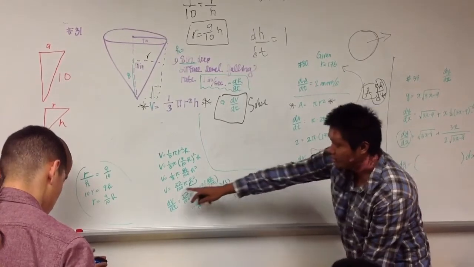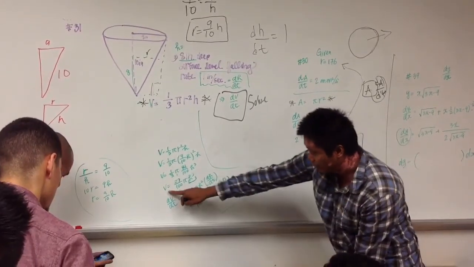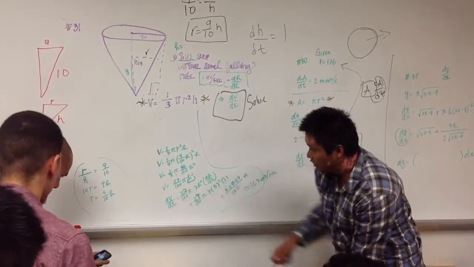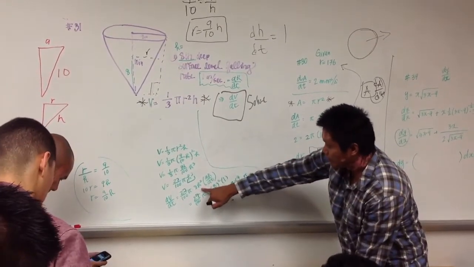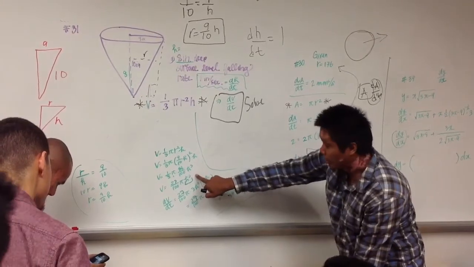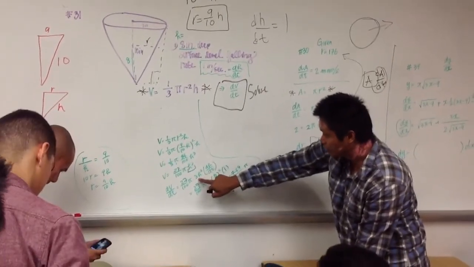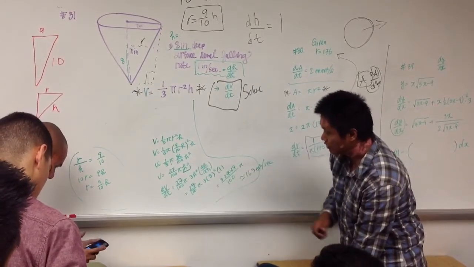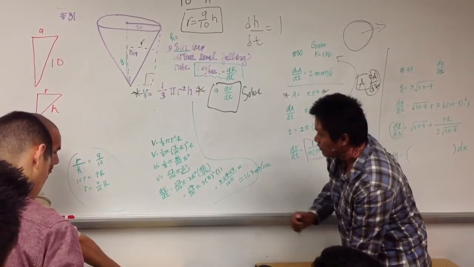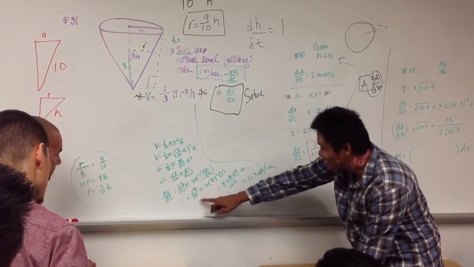And this is where we take the derivative of the whole function, so we can get V. Derivative of V is dV over dt, that's what we want. And then you take the derivative of H to the third power, you bring down the 3, which is 3H to the second power, and then you have dH over dt, because we took the derivative of H. And from there, you solve.